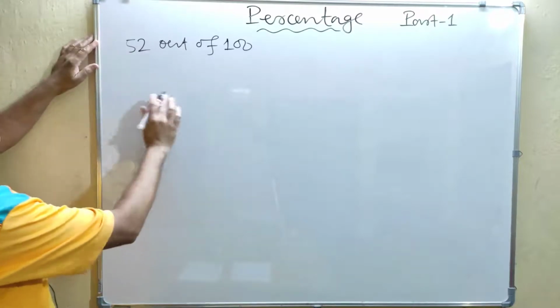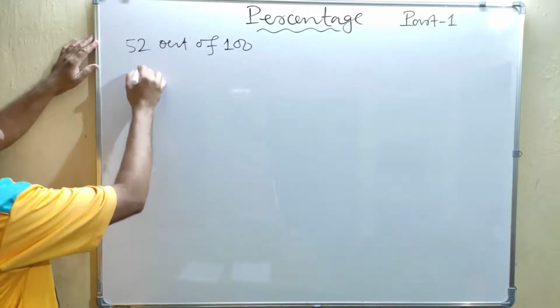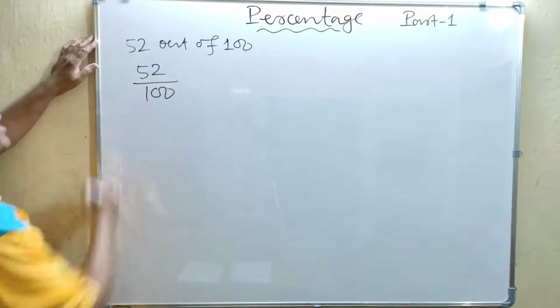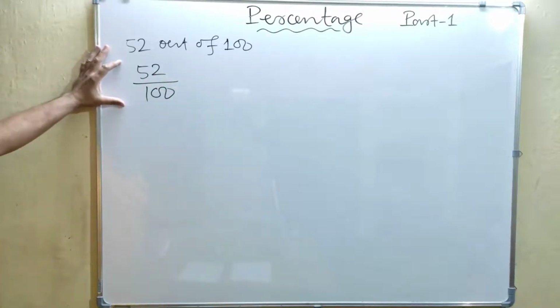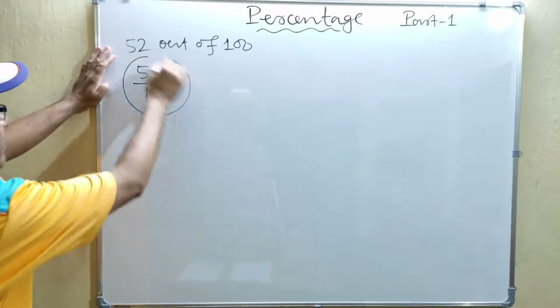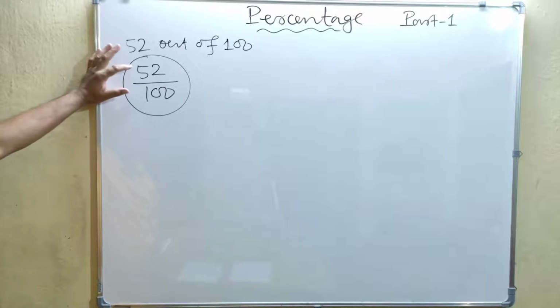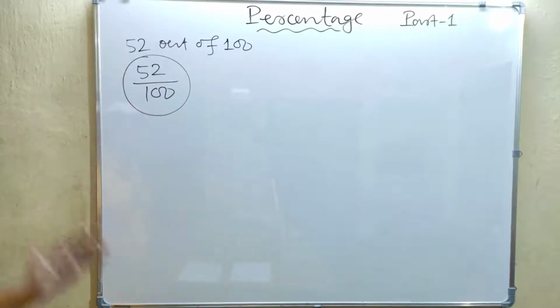So how can we express it? We write 52 divided by 100. This is the mark obtained by the student. It means the student has got 52 marks out of a total of 100 marks.